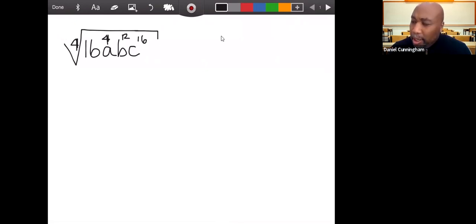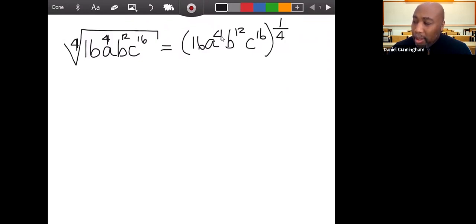Another way of looking at this is 16 A to the 4th, B to the 12th, C to the 16th, all raised to the 1/4. That's another way of saying the 4th root is 1/4. So we distribute that 1/4 to each of those components.